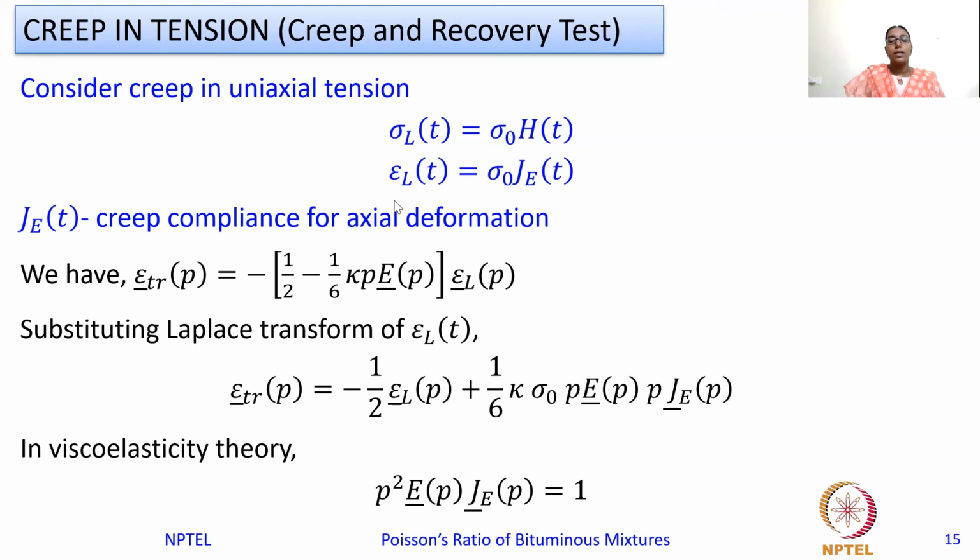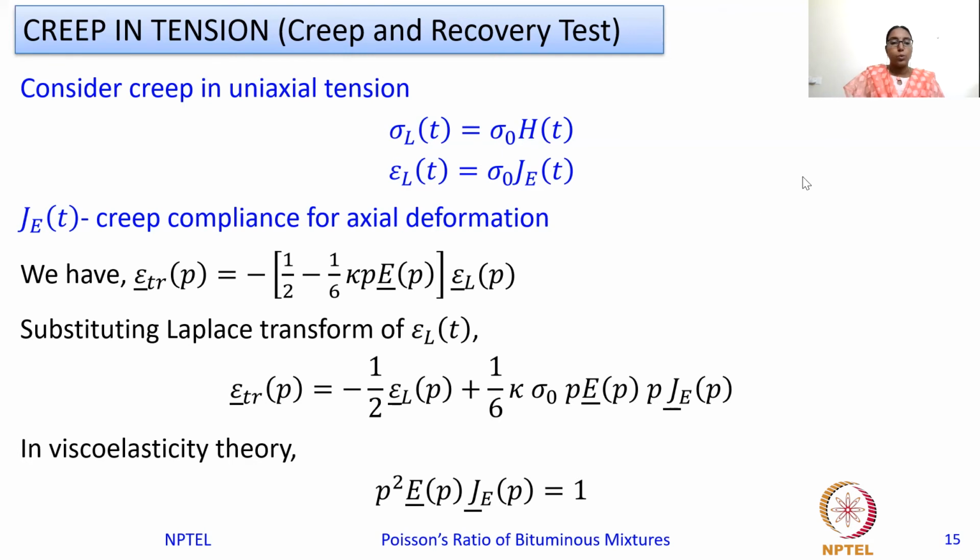Now substituting the Laplace transform for epsilon LT, that is this longitudinal strain, the expression becomes epsilon TRP is equal to minus half of epsilon LP plus 1 by 6 kappa sigma 0 P at EP and P JEP, whereas again this is the first case where kappa is considered to be a constant, that is the bulk compliance is considered to be a constant. Now it is a common well-known rule in viscoelasticity theory that P square EP JEP is equal to 1.